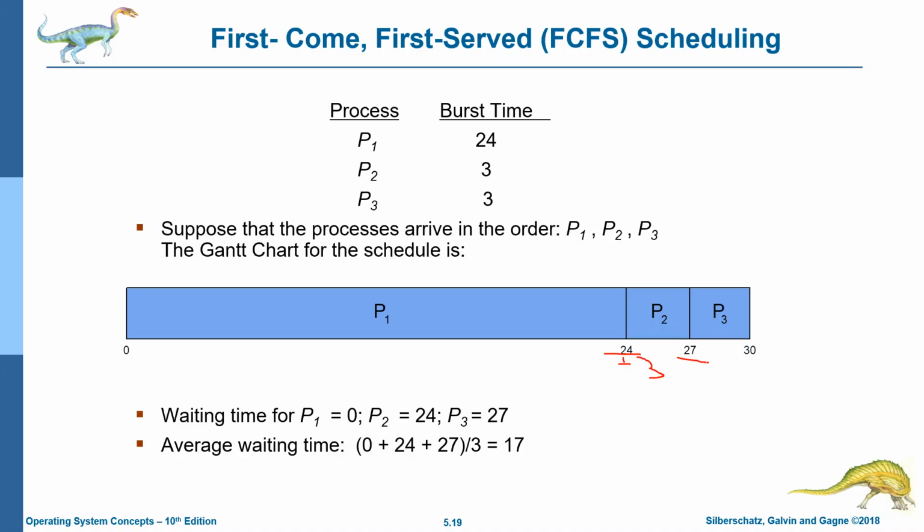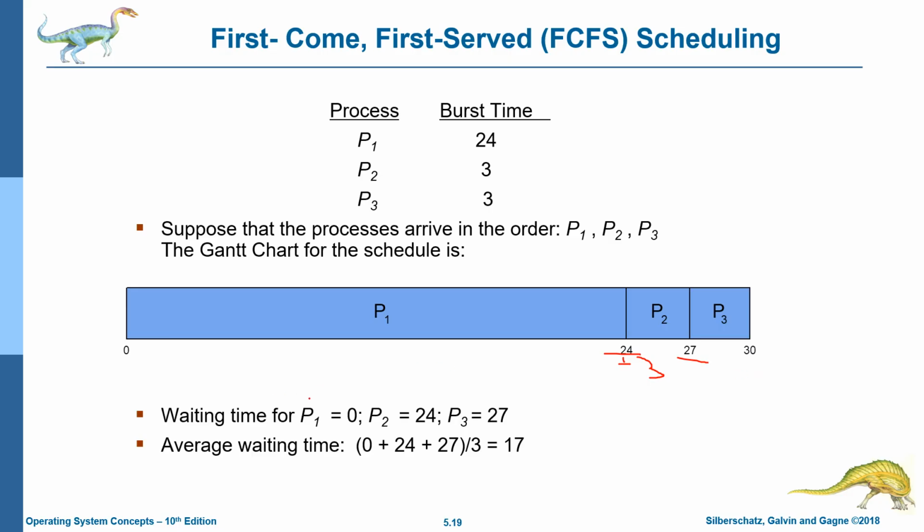The burst time of P3 is 3, so the CPU will be allocated to P3 for 3 milliseconds. We add 3 to 27, so it becomes 30. So P1 completes at 24, P2 completes at 27, and P3 completes at 30.